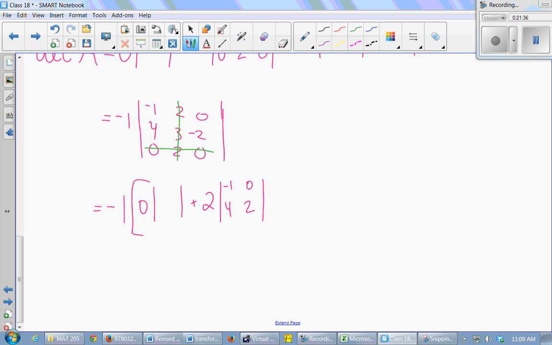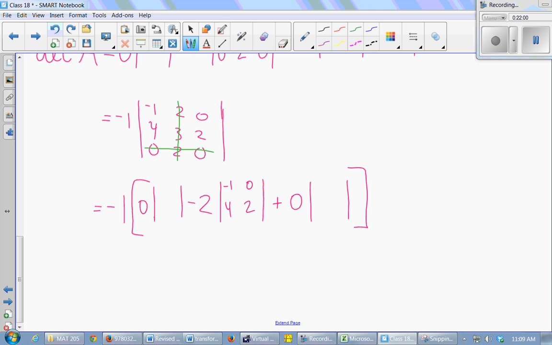Oh, yep, you're right. This is a -2. Yeah, I started with a positive, moved to a negative. And then my last term is 0 times some submatrix. 0 is the last term of row 3.